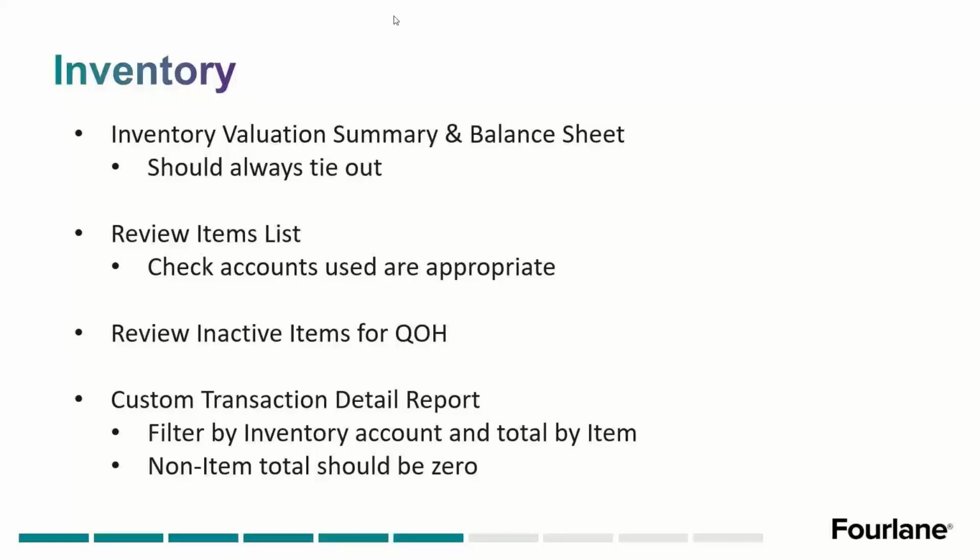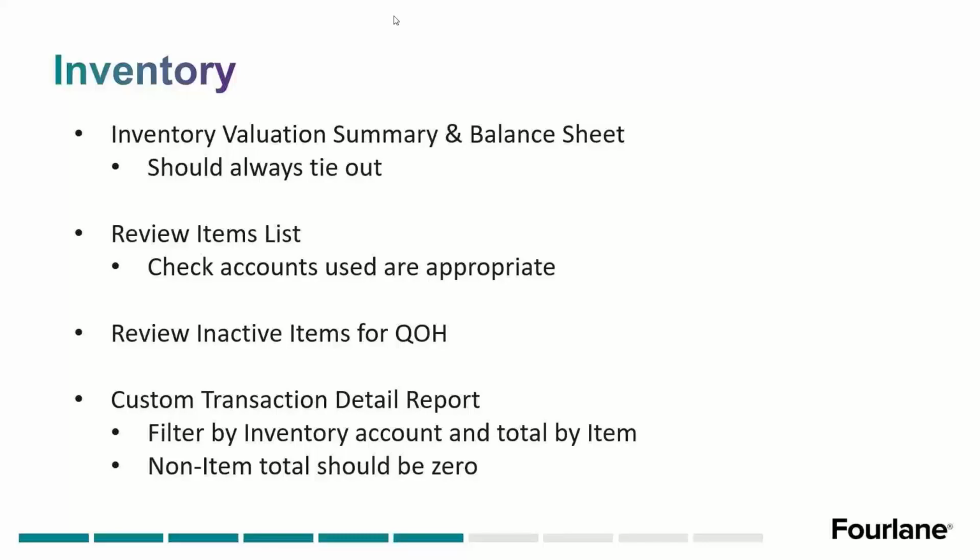Whereas if we're looking at just a service item, there is no asset account. You can choose an asset account for the cost of goods sold or the income account, but you cannot have that third account, that asset account at the very bottom.